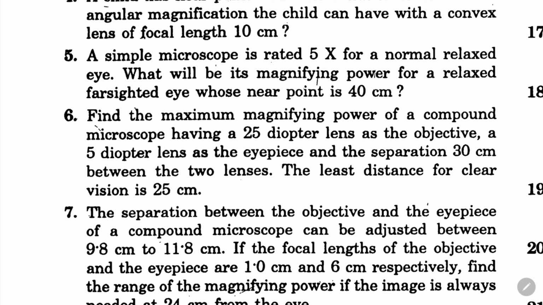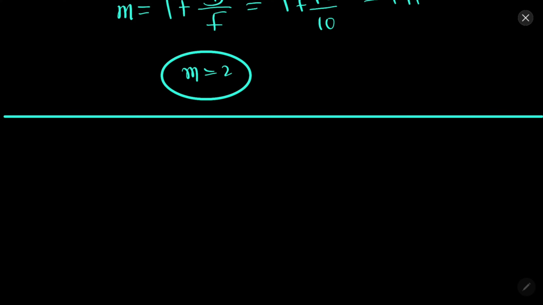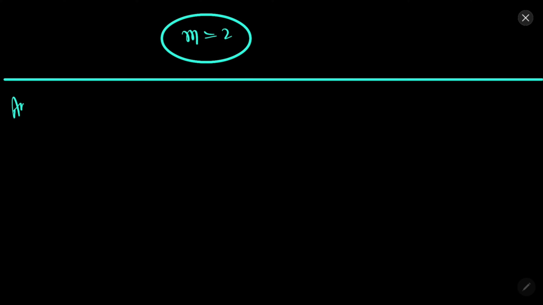In the fifth question we have a simple microscope which is rated 5x, or 5 times the magnification, for a normal relaxed eye. What will be the magnifying power for a relaxed far-sighted eye whose near point is 40 centimeter? So this is the fifth one. Relaxed eye means that it is normal adjustment, that is the image is at infinity.